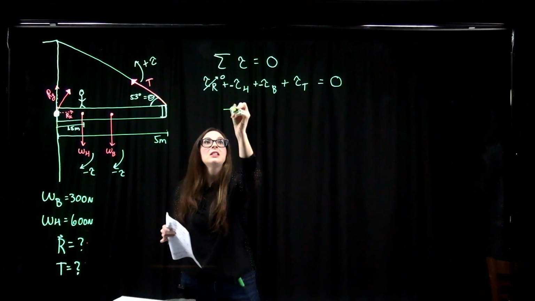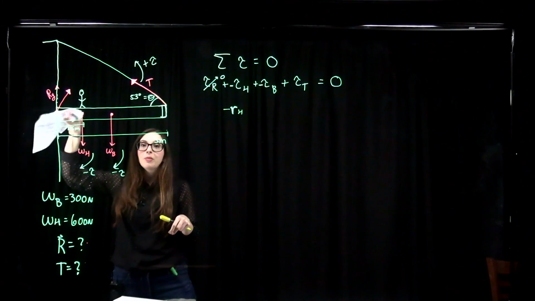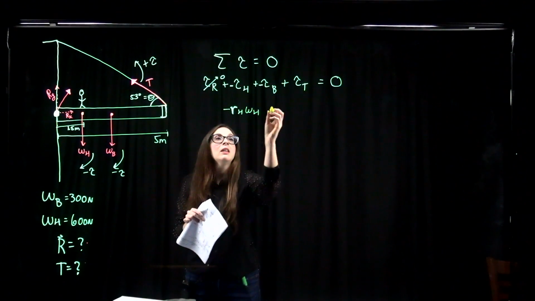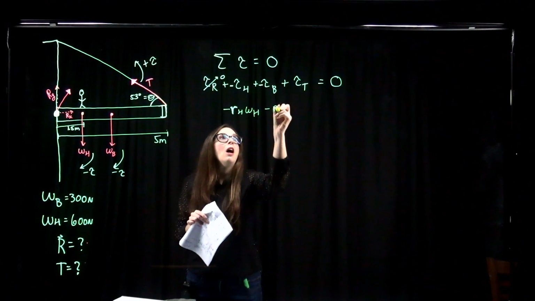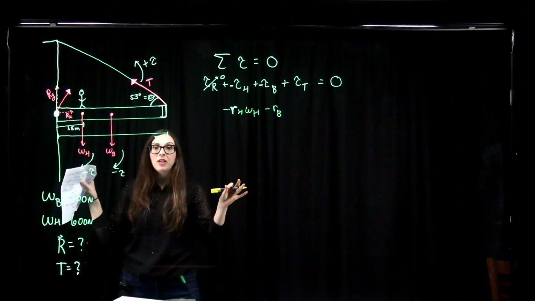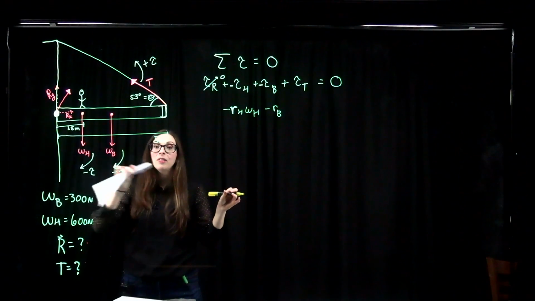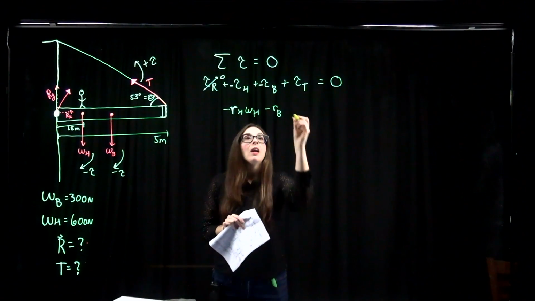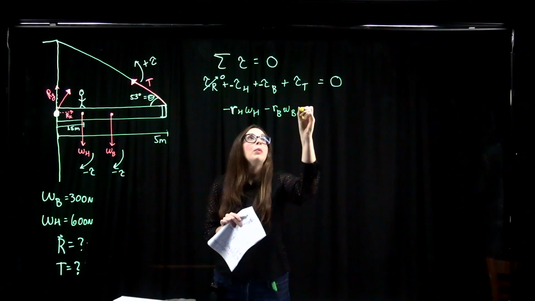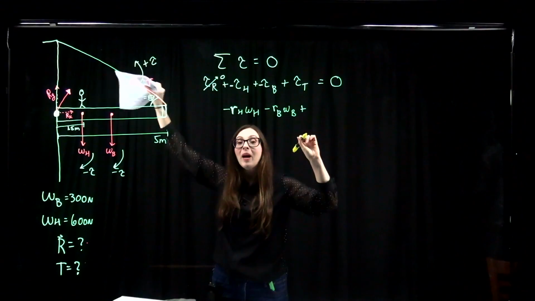RH is the distance that the human's weight is away from the end of our board here, times the weight of the human, minus RB, that's where we can say the center of gravity of my beam is away from the pivot point, so that's half the length of my board, times the weight of the board, plus we've got the torque here from my cable.